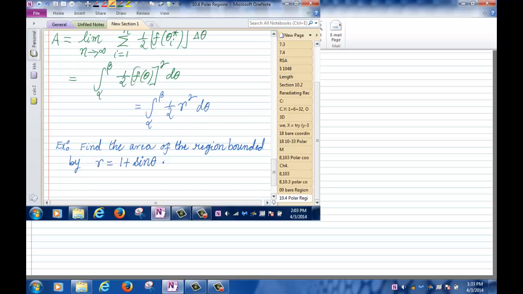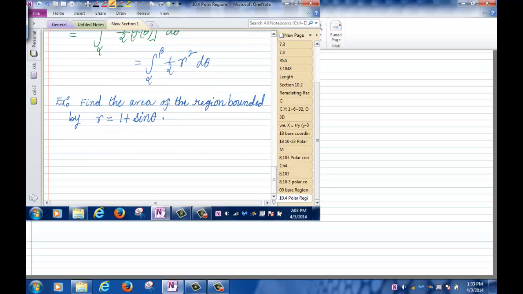Okay? Now, can someone tell me what is the answer? If I have that the area inside the cardioid is A, what is that area?